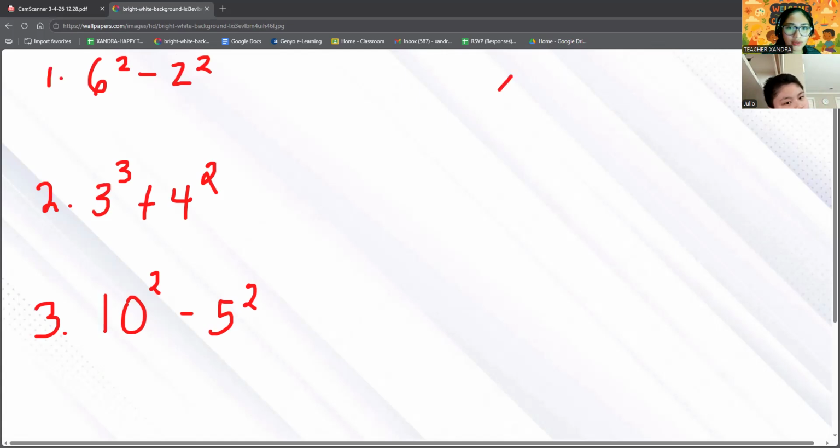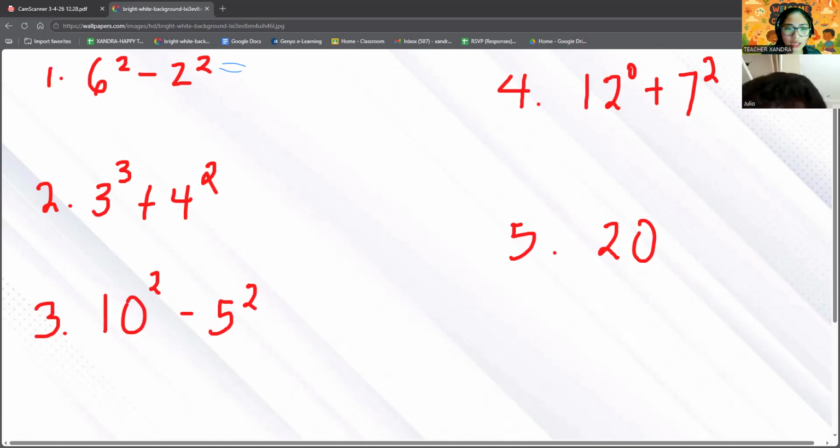Then 4, we have 12 plus 7 squared. Then number 5, we have 20 minus 2 raised to 4. Okay, if you have any questions, just ask, okay?